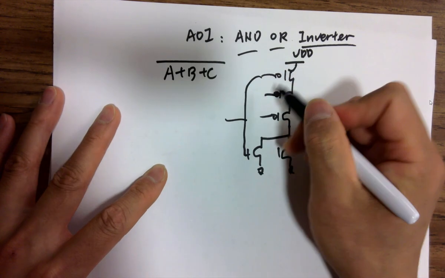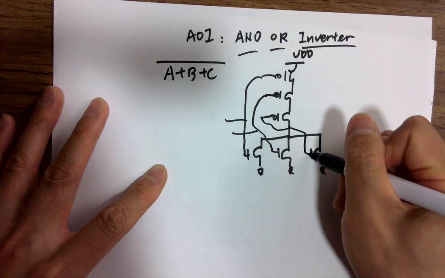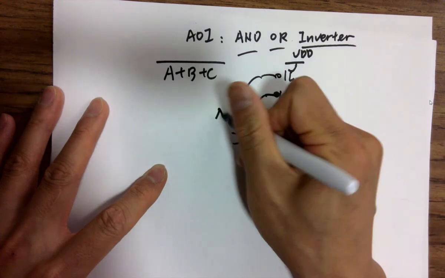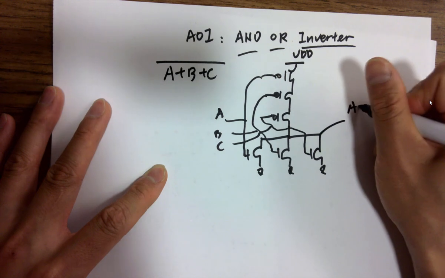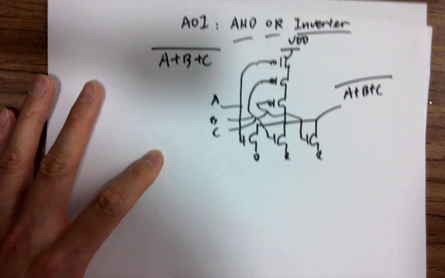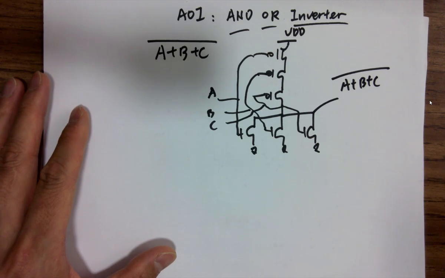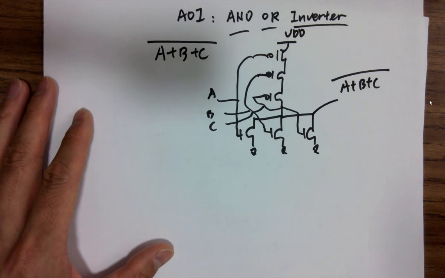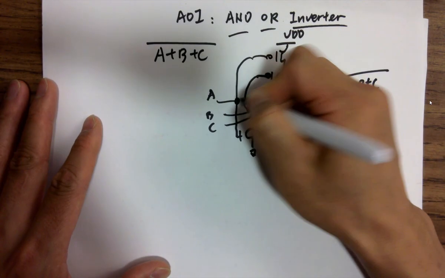Does it matter which connects to which? It doesn't. So here's the output, and this output will be this. That's a three input NOR gate.